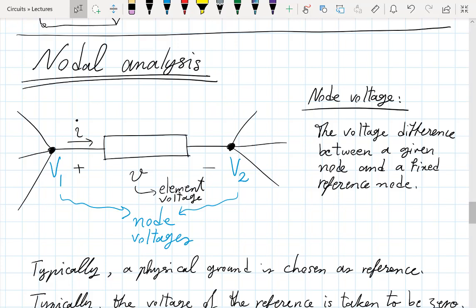So think of this as a loop. I have some reference point here, a v1 increase in voltage, then a little v drop in voltage, then a v2 drop in voltage. That's your KVL. Minus v1 plus v plus v2 equals 0. Or v equals v1 minus v2. That is KVL.